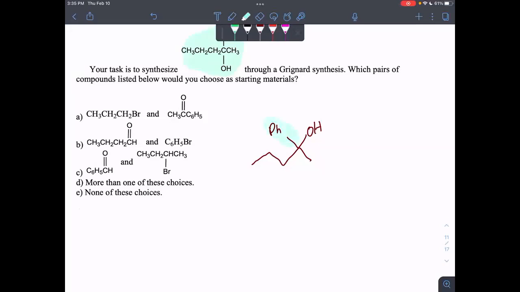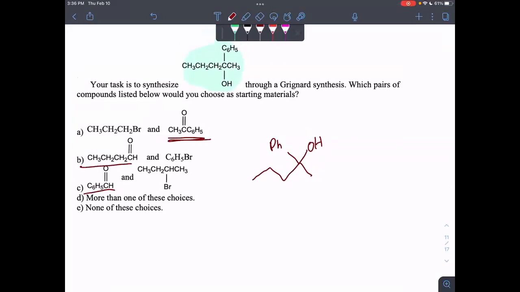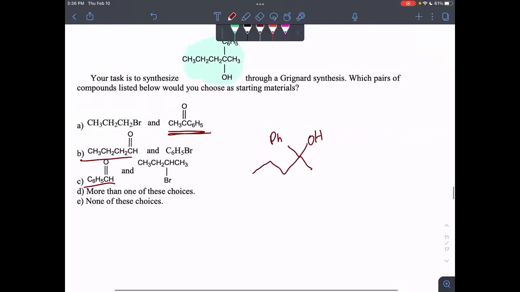You could start with this, and then add this as a Grignard, or you could do the opposite, this, and then add this methyl as a Grignard. Knowing that, it is A, because A is the only one that starts with the ketone with the 2 right substituents. These 2 are aldehydes, so you wouldn't get that tertiary alcohol in the end product.